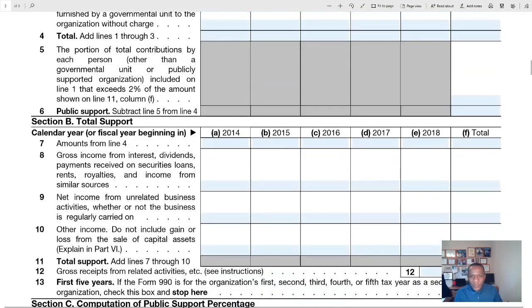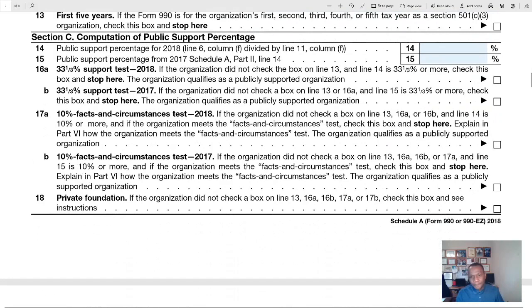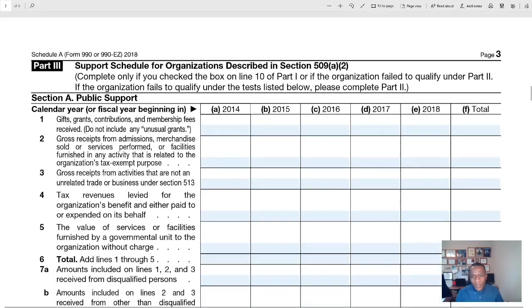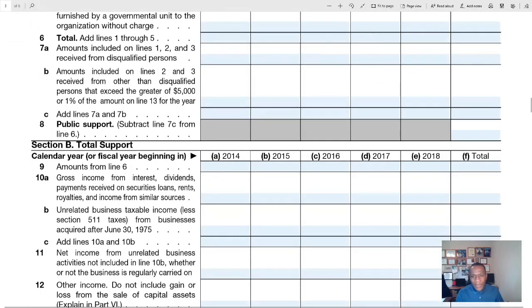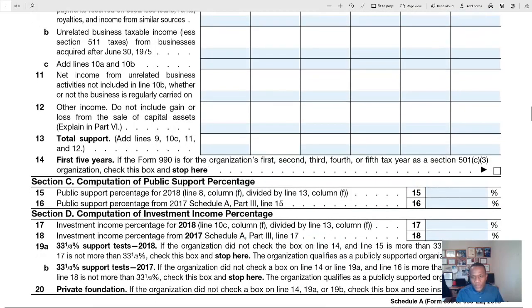Section B is total support, by calendar year or fiscal year beginning, and subsequent years. Section C is the computation of public support percentage. Part 3 is the support schedule for organizations described in Section 509(a)(2), if you are a 509(a)(2). Then the public support and so forth, same thing, and total support and computation of public support percentage.